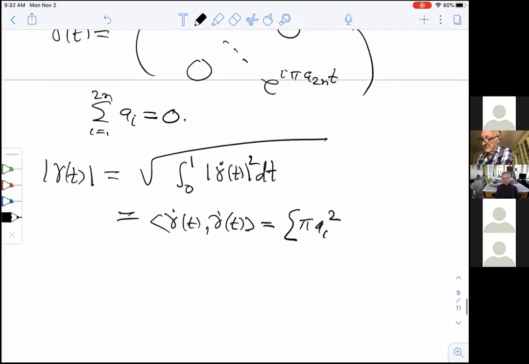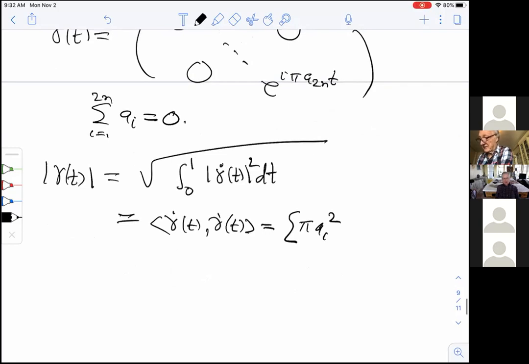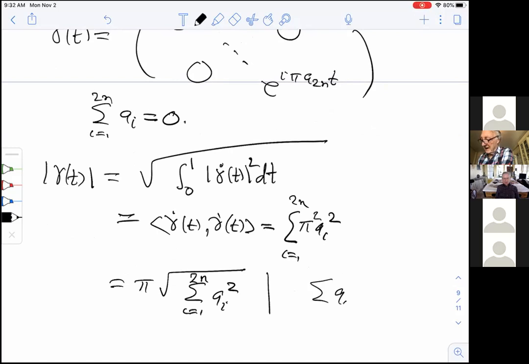That's constant. The length of the tangent vector of the geodesic is constant. So I'm integrating this from 0 to 1, which just multiplies it by 1. So we get pi times the square root of the sum of the ai squared, i equals 1 to 2n. And this is all subject to the condition that the ai add up to 0.